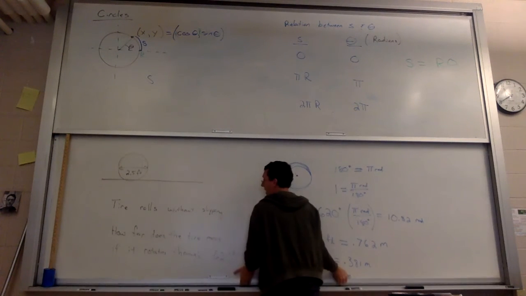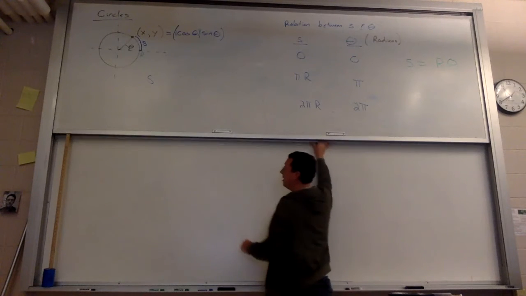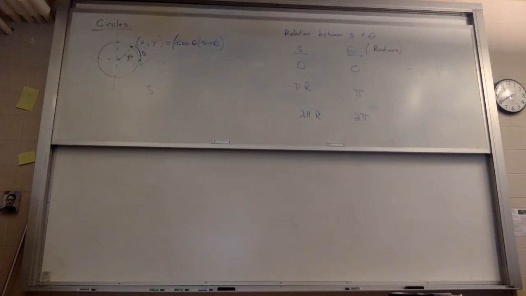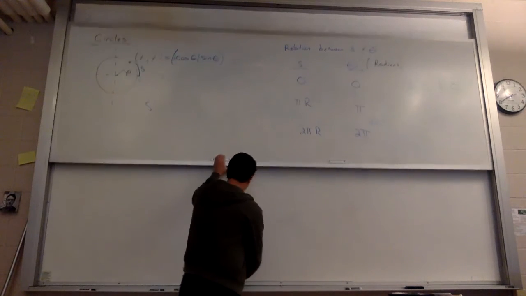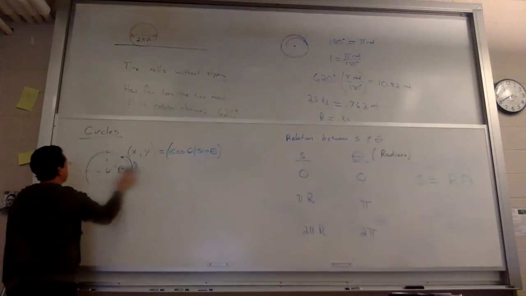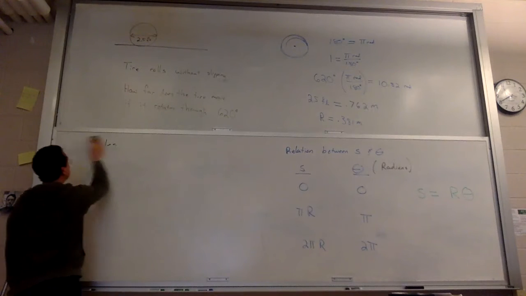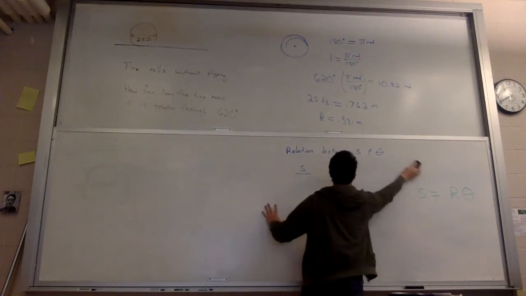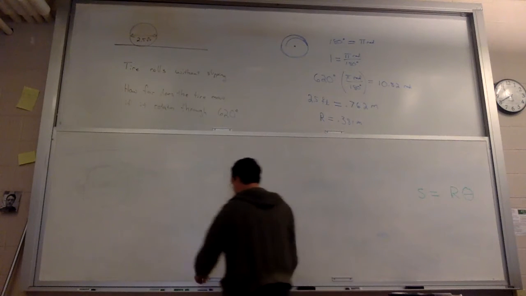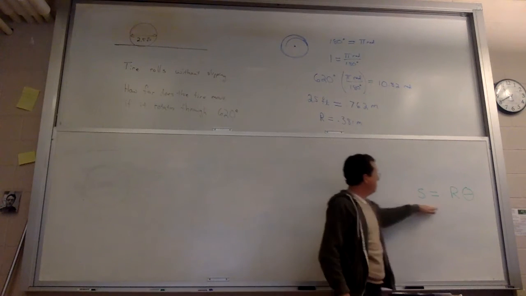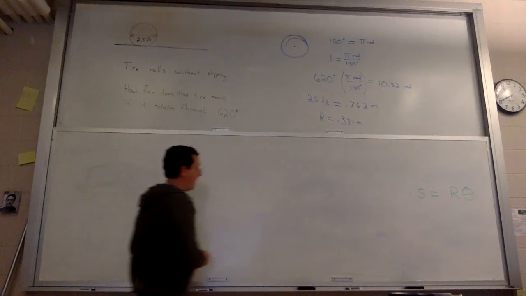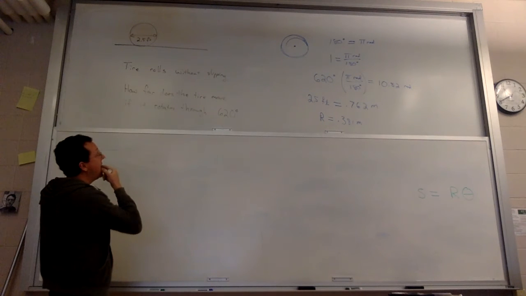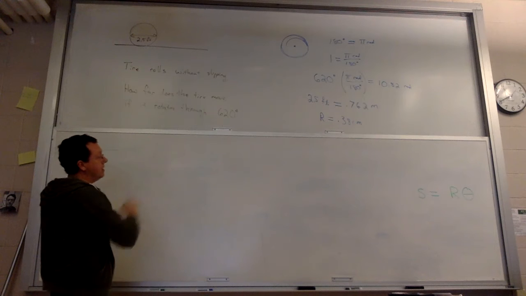Now I just pull it all together. I'm going to use this formula. I know the radius and I know the angle in radians.